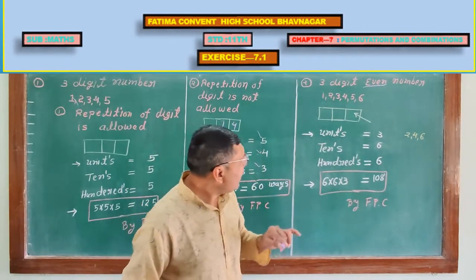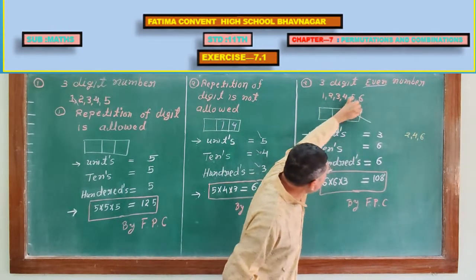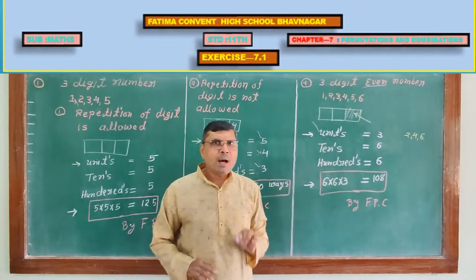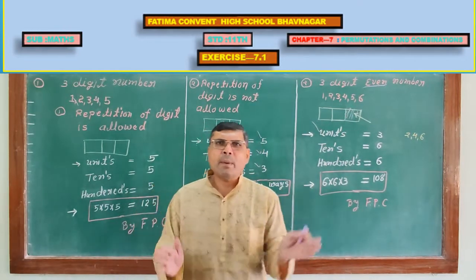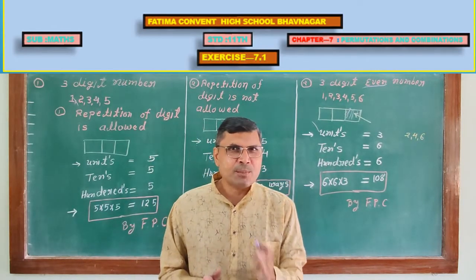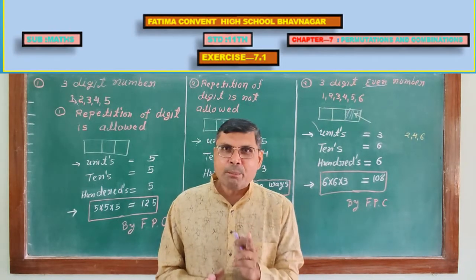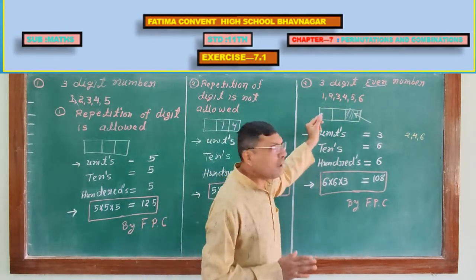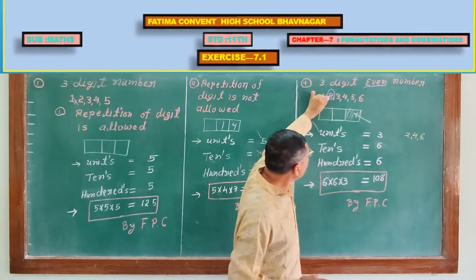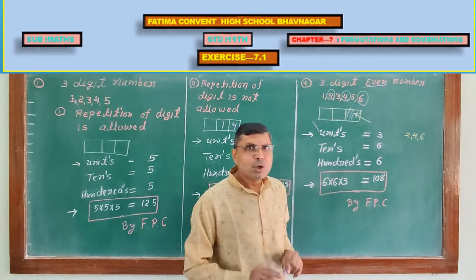Let us see. Here, first I am choosing the last digit, that is the unit place. Now, if you want to form an even number, then as I explained, the last digit should be an even number. Now, how many even numbers are there? 2, 4, 6, 3 even numbers.